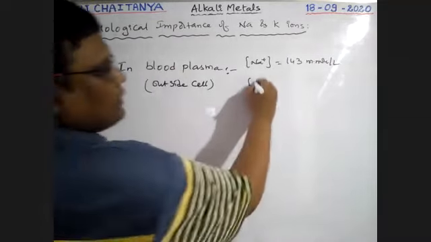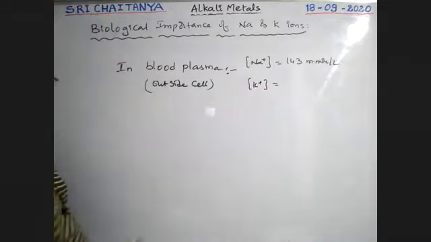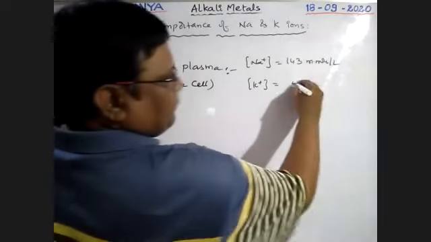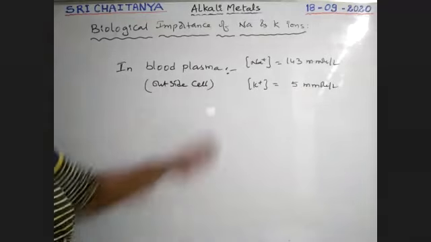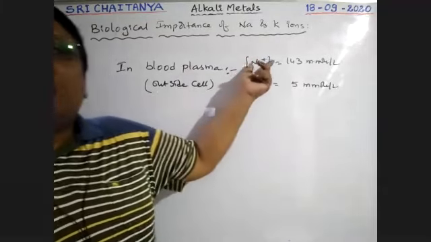Next, the concentration of K+ ions is equal to 5 millimole per liter. See boys, outside the cell, sodium ions are more.